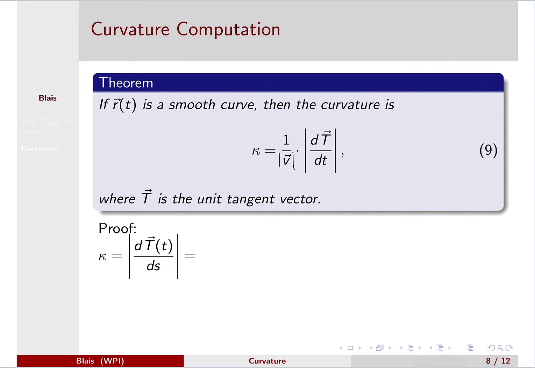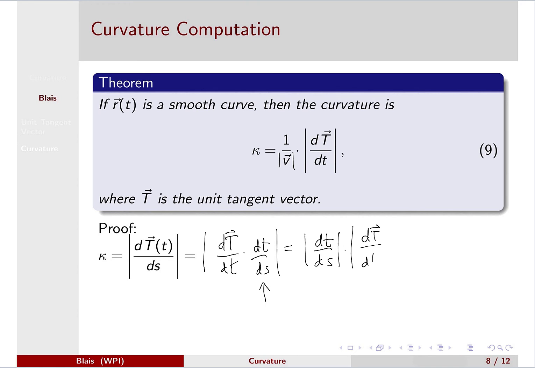And we prove this in the following way. We use the chain rule to say dT/ds can be written as the derivative of that unit tangent vector dT/dt times dt/ds. And dt/ds is a scalar, so that can be brought out of the magnitude. So we have the absolute value of dt/ds times the magnitude of that vector, the derivative of the unit tangent vector with respect to t.